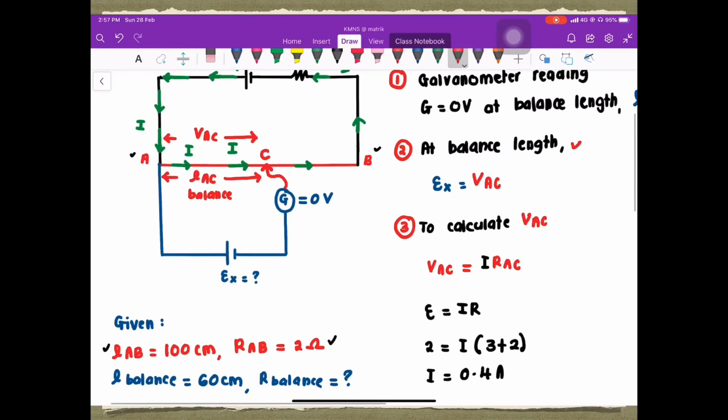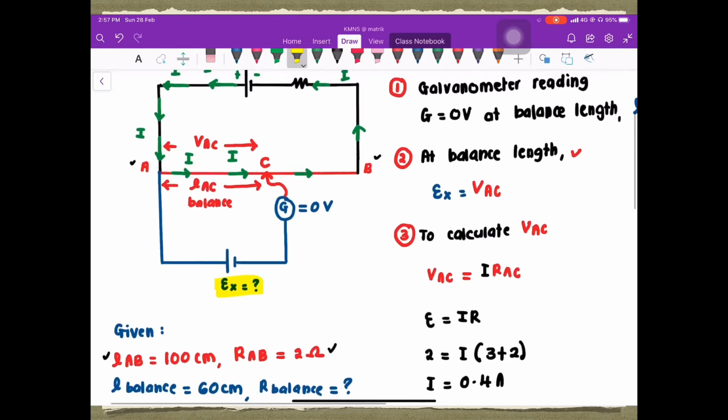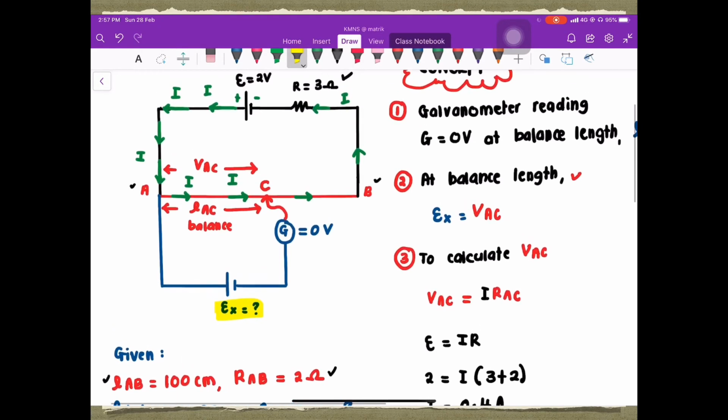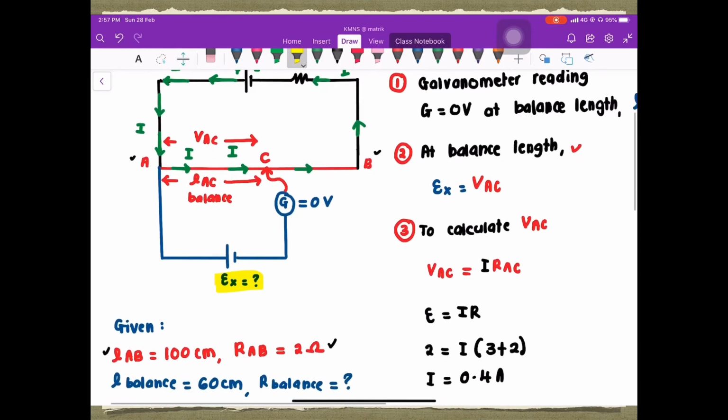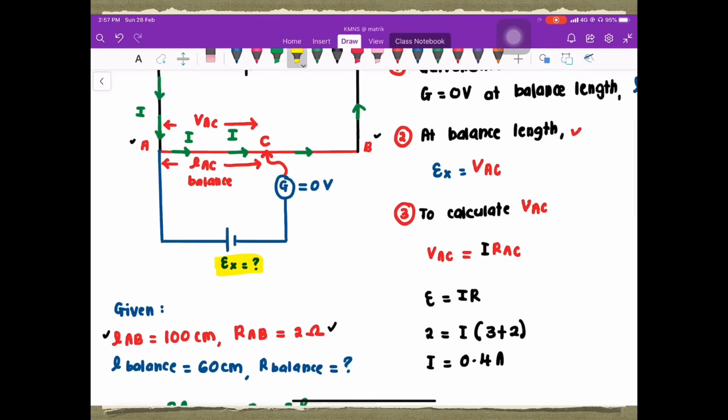To determine the unknown EMF here, when the galvanometer shows 0 reading, meaning the potentiometer is balanced, the value of the unknown EMF equals the potential difference across AC.